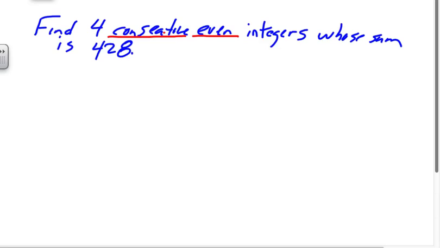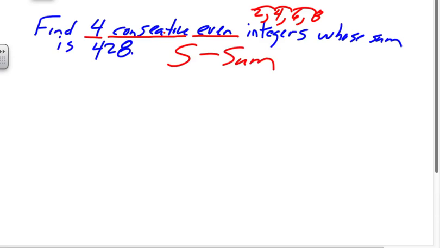Even part means that instead of adding 1, I'm going to add 2, because consecutive even integers will look like 2, 4, 6, 8, and you notice there's 2. And I'm looking for 4 of them. All right, so again, like the last time, S is going to be the sum. This is one of these little intermediate things. Let's do N as my first integer.